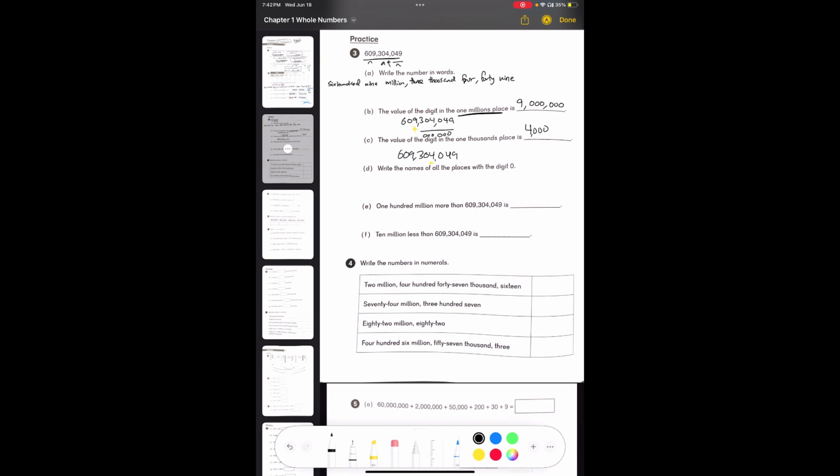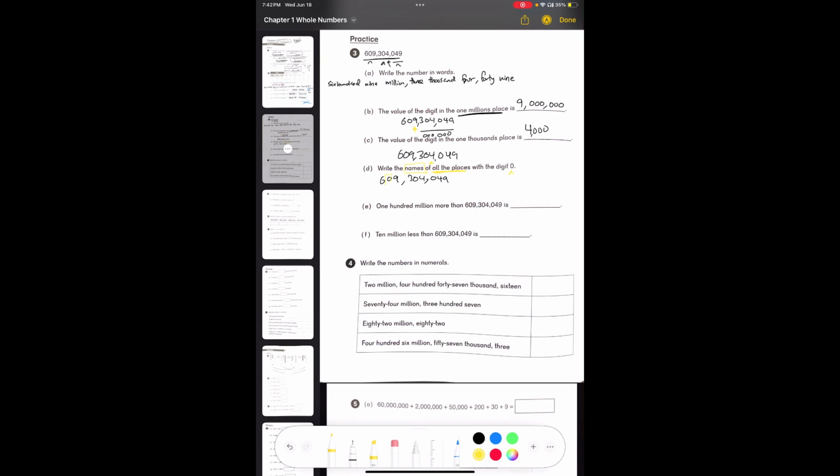And now, all of the places with the digit 0. This question is kind of tricky because we're finding all of the places with the digit 0 and their names, so not their value, but their names.